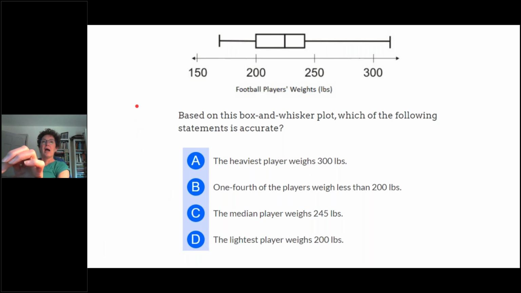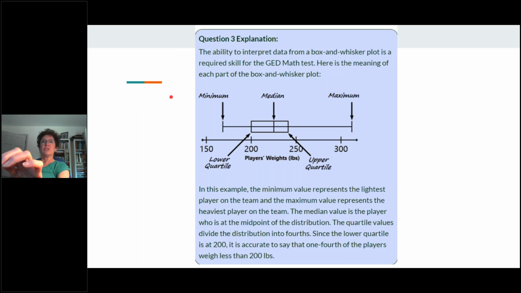Now, I liked this explanation that came with the GED question. It says the ability to interpret data from a box and whisker plot is a required skill for the GED math test. Here is the meaning of each part of the box and whisker plot, which we did all that.